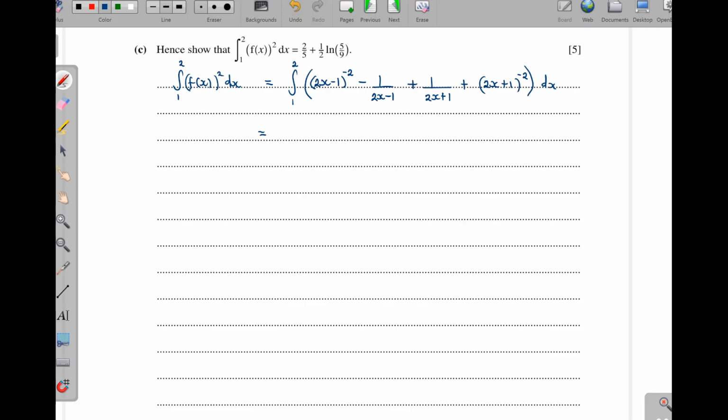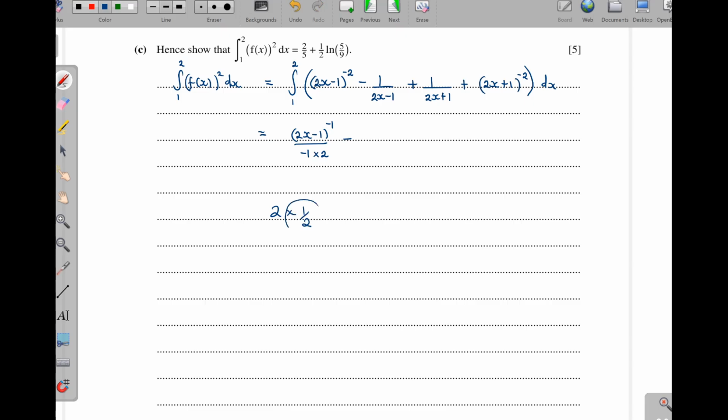Now, we increase the power by 1, we get a negative 1. We divide by that new power, then times the derivative of what is inside here, which is a 2. And then here, when we differentiate the denominator, we get a 2. Are we there? But here we are having a 1. So what should we do to this 2 in order to get a 1 here? We multiply it by a half.